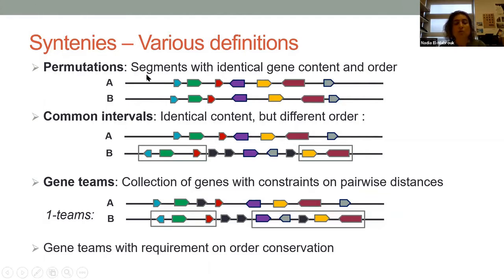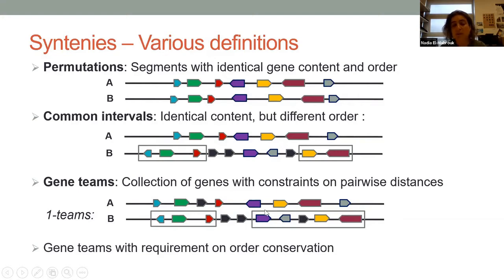This is the first example here, two permutations with exactly the same genes in the same orientation and in the same order. To a more flexible definition in terms of conserved content, but not necessarily in the same order, or even definitions accounting for genes that are different.